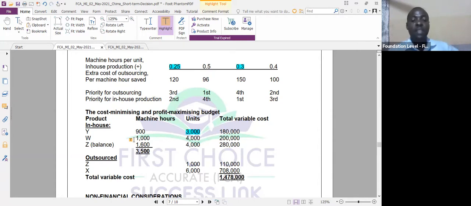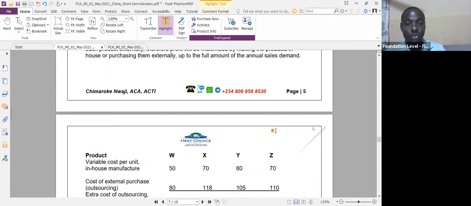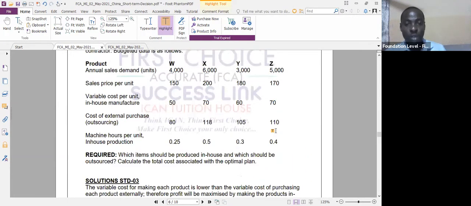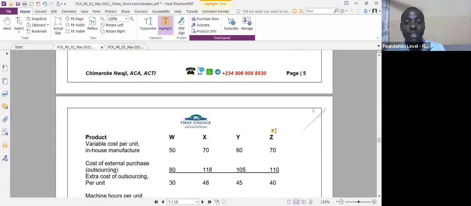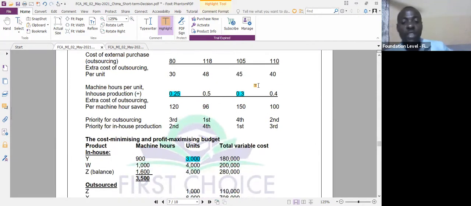Normally, Z wanted to do how many? Z wanted to do 5,000. But since you have a limiting factor here, if you say 5,000, you have to put 5,000 here and multiply it by 0.4.